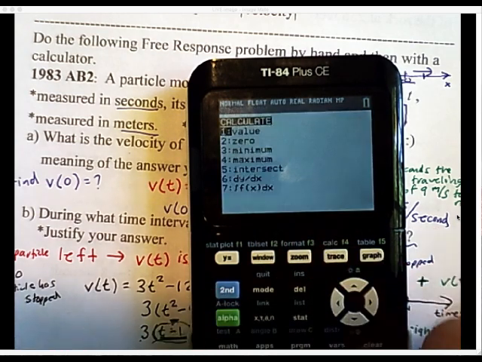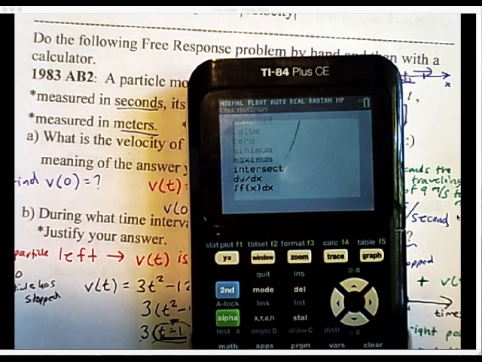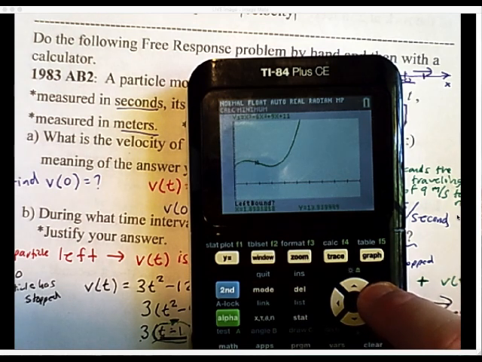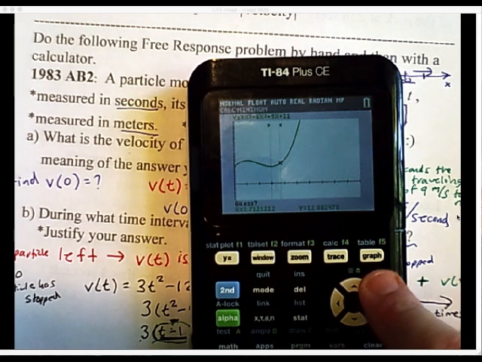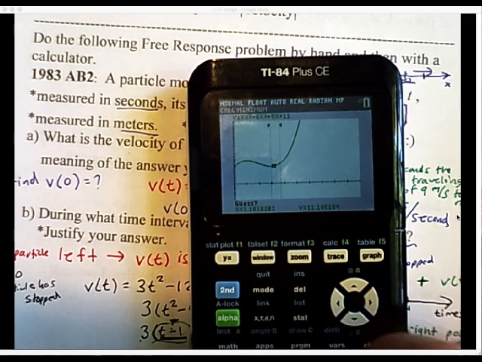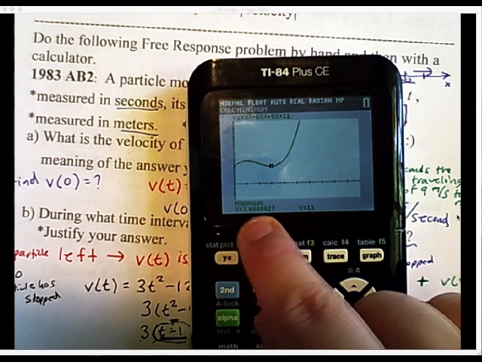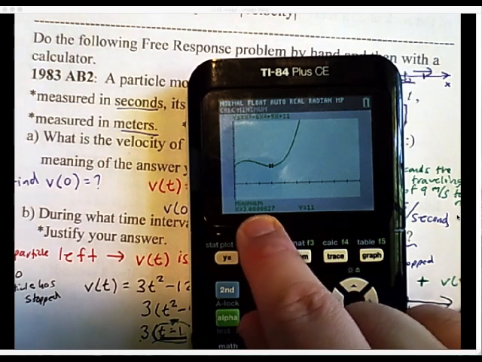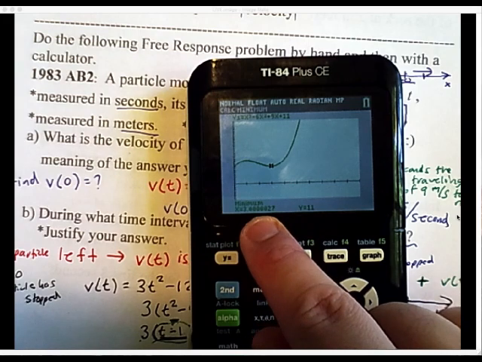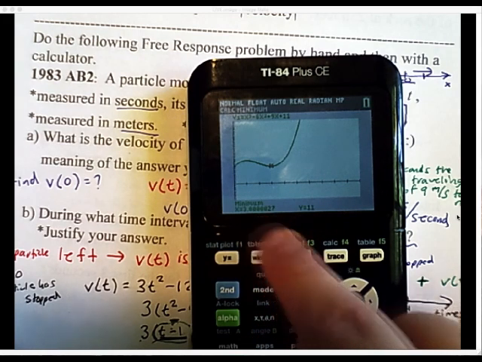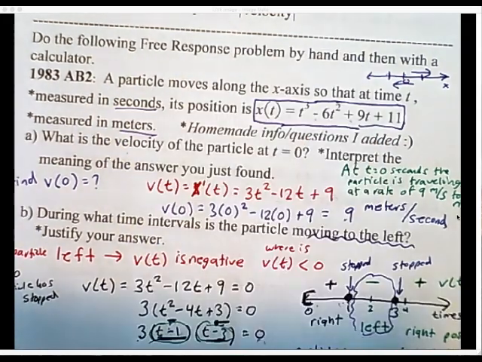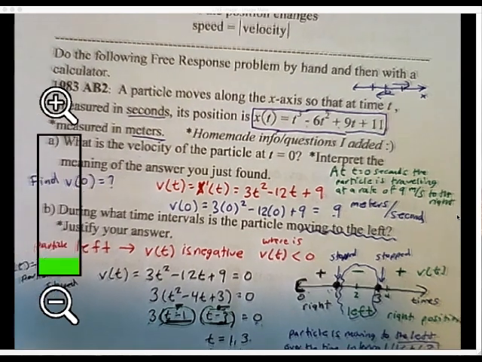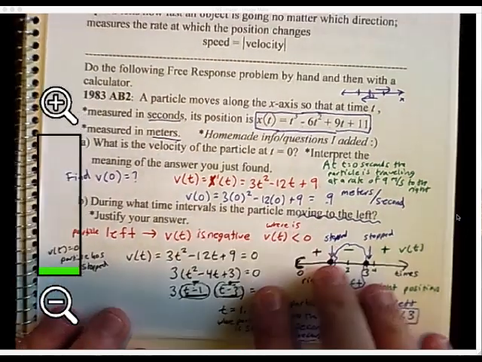If I do the same thing with the minimum, it stops going left at 3 seconds. So it's just a way to verify what we did by hand. I think it's actually easier to do it by hand.